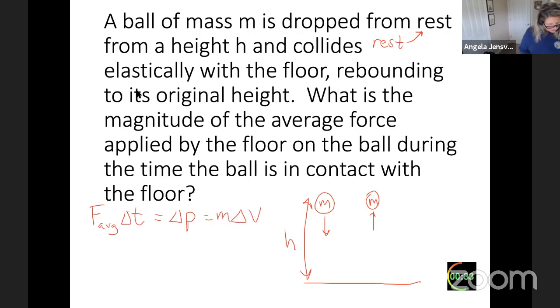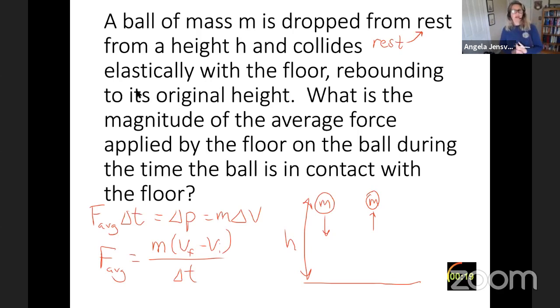To get the average force, you would need the mass, which we've got, and the final and initial velocity, which we could figure out in terms of the givens. We could use energy conservation and get v final and v initial in terms of h, no problem. So our numerator, we have everything we need, but they didn't give us the time.